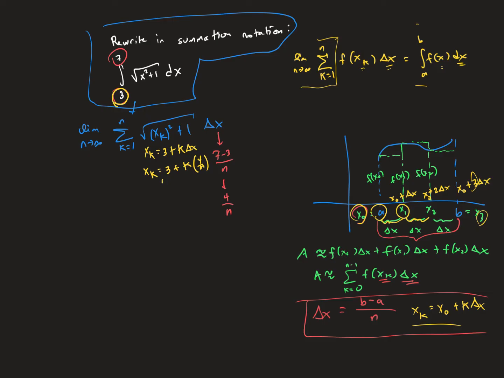So that means when I rewrite the square root part, it's going to look like this, where I replace that x sub k with that stuff written in terms of k and n.